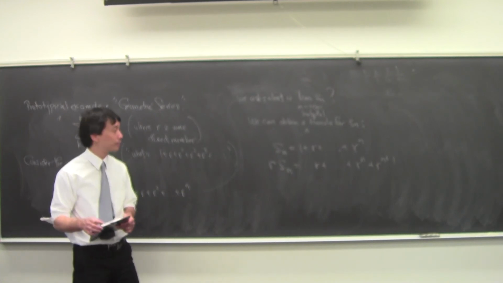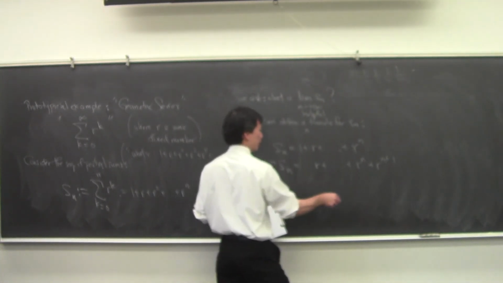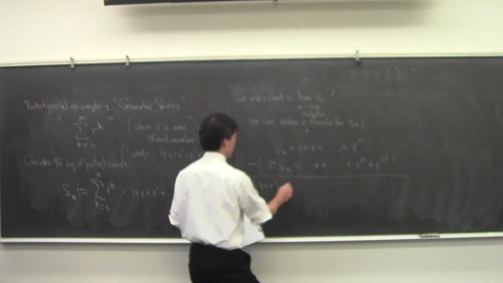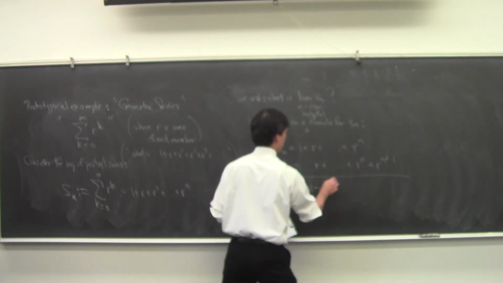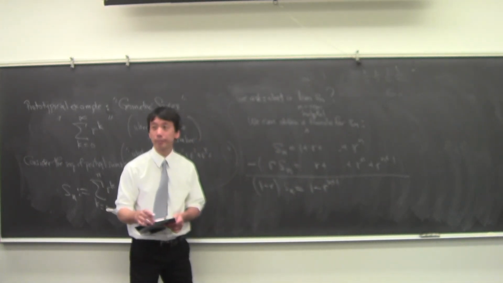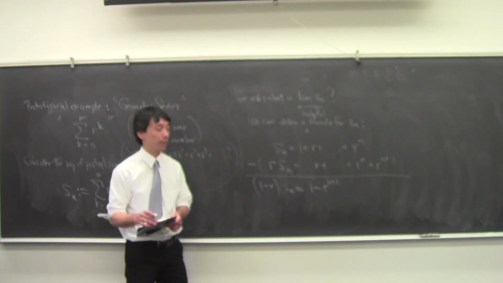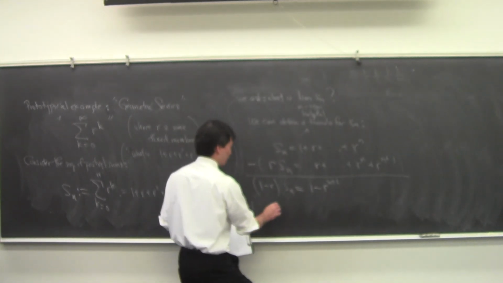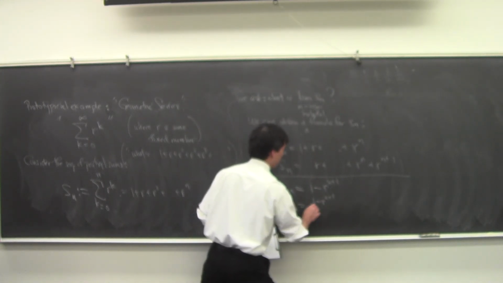Ready? Now, if I subtract the lower equation from the upper equation, you see that I get 1 minus r times S sub n equals 1 minus r to the n plus 1. Which, if r is not equal to 1, I can divide both sides and see that S sub n is going to be 1 minus r to the n plus 1 over 1 minus r.